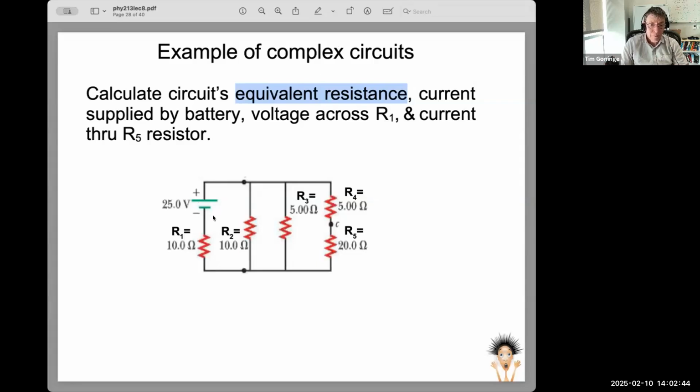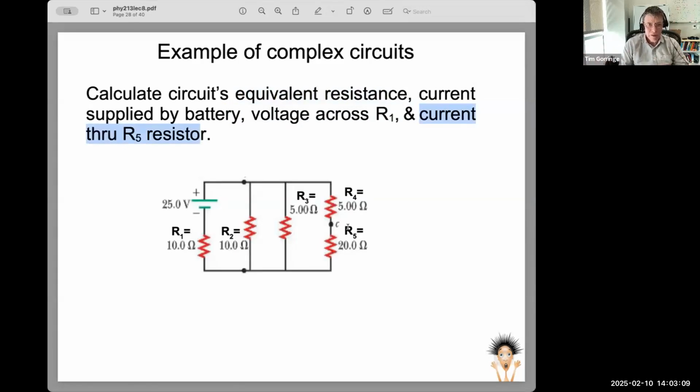For example, we'll figure out the current that's supplied by the battery here. That'll be one thing that we'll figure out. We'll figure out the voltage across this resistor R1 here, this 10 ohm resistor, and we'll figure out the current through this resistor R5 over here. So those are just examples of a current and a voltage through different resistors.